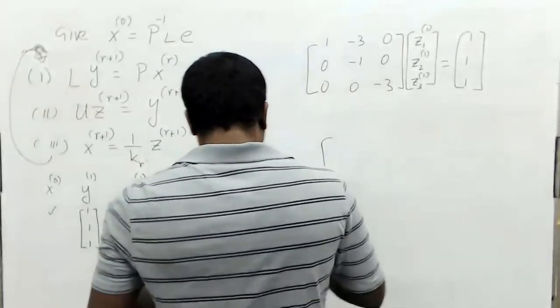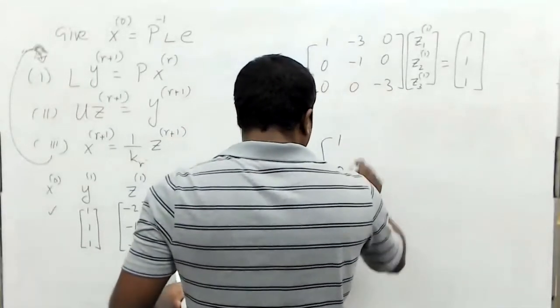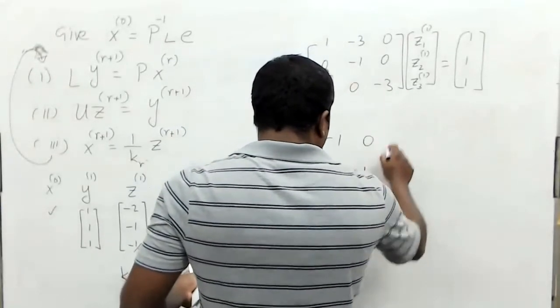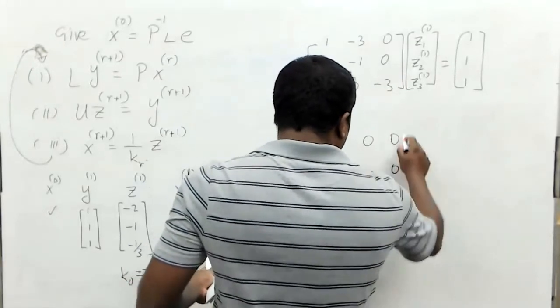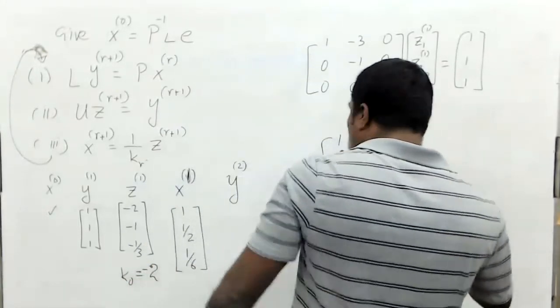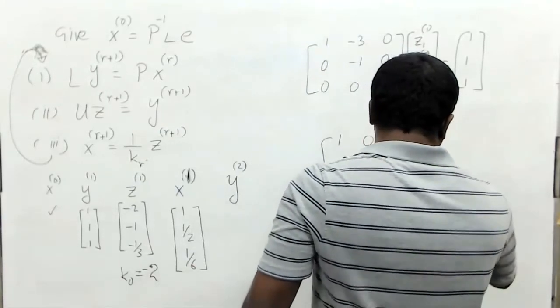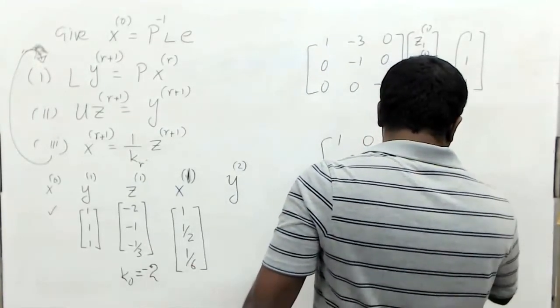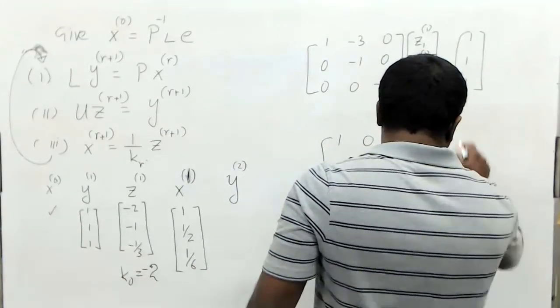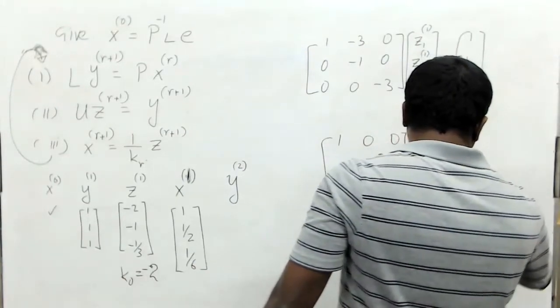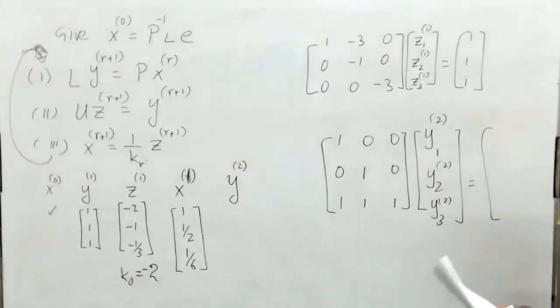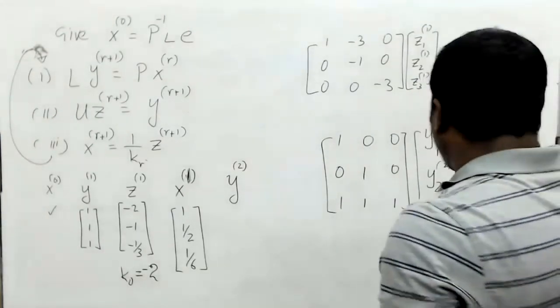L times L is 1, 0, 1, 0, 1, 1, 0, 0, 1 times Y2, right? So Y1,2, Y2,2, and Y3,2 is equal to P times XR, right?